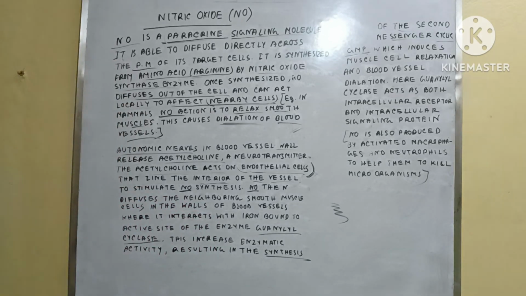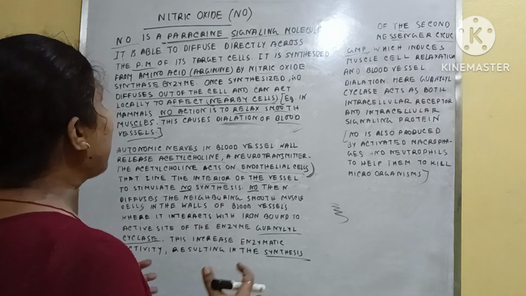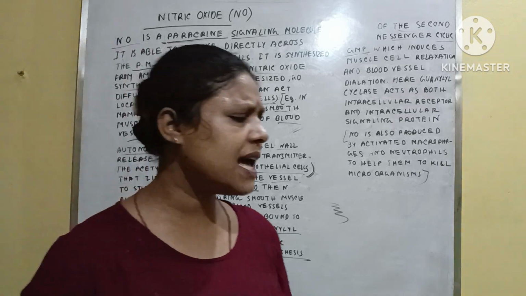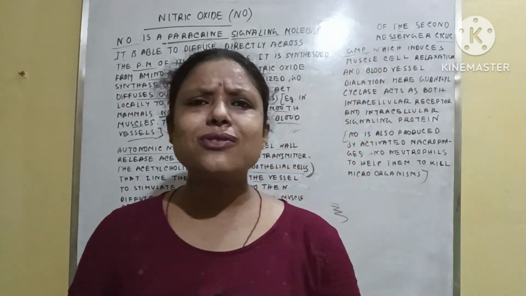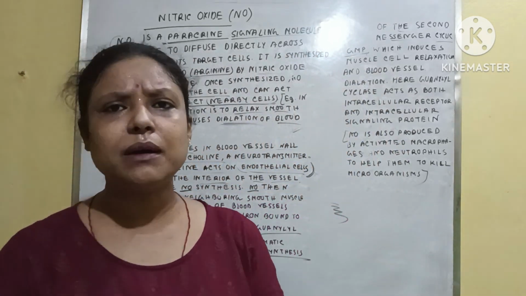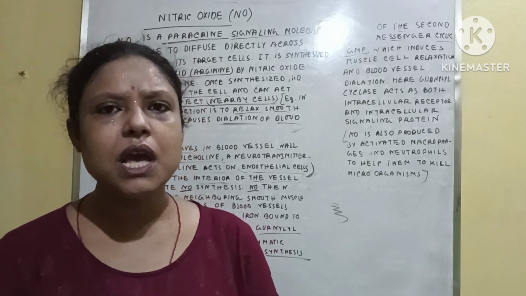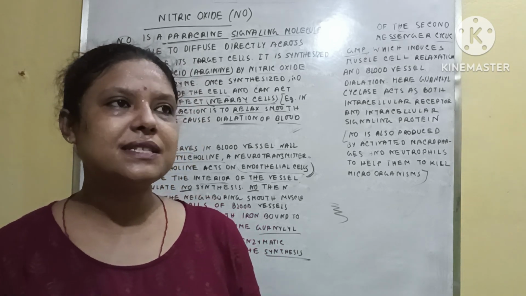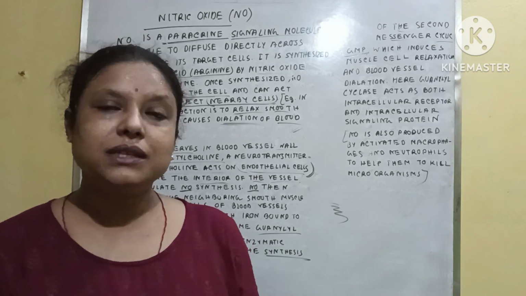So this is another important topic, obviously, showing how nitric oxide acts as a paracrine signaling molecule. It is not related to the receptors and the pathways of the cell signaling process. This is one kind of example of how the signaling process is done.